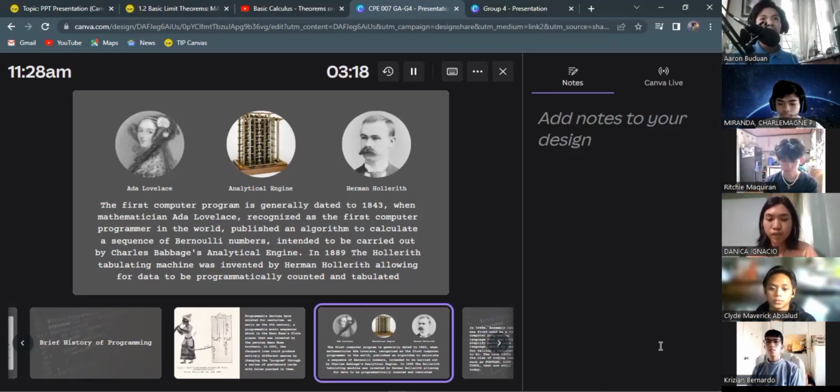Lovelace was able to discern the importance of numbers, realizing that they could represent more than just numerical values of things. Lovelace wrote an algorithm for the analytical engine, the first computer program to compute Bernoulli numbers. In 1889, the Hollerith tabulating machine was invented by Herman Hollerith, allowing for data to be programmatically counted and tabulated.